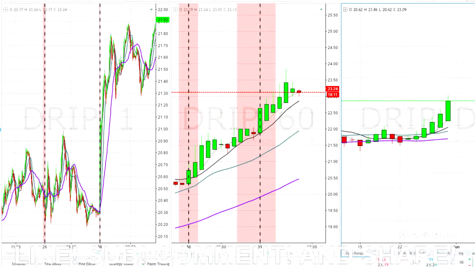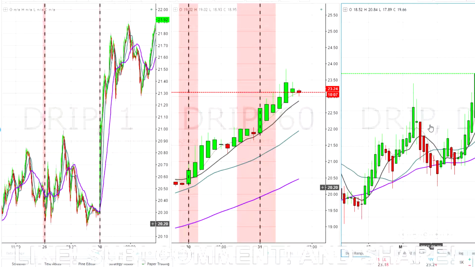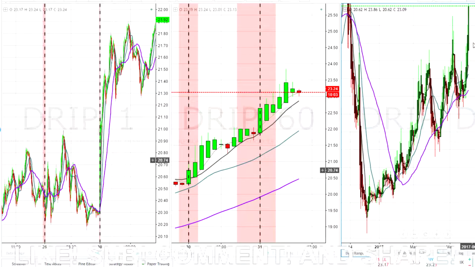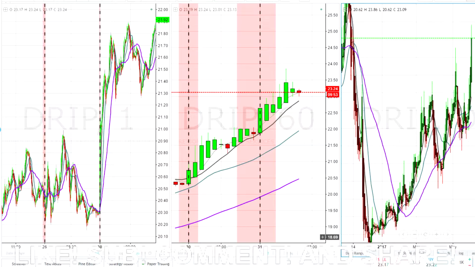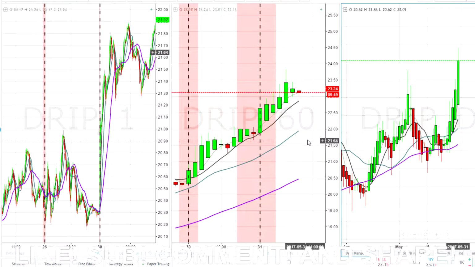Okay, so it doesn't even have a 200 on the daily, but this market currently resembles the market to a degree. At this point it did not, so the market currently is favoring this stock.